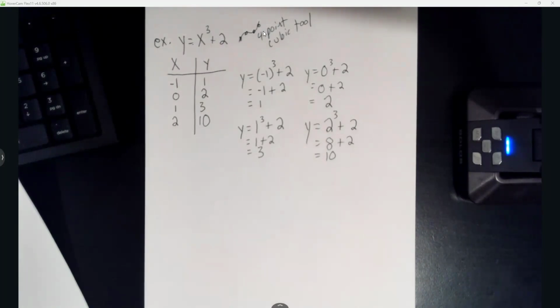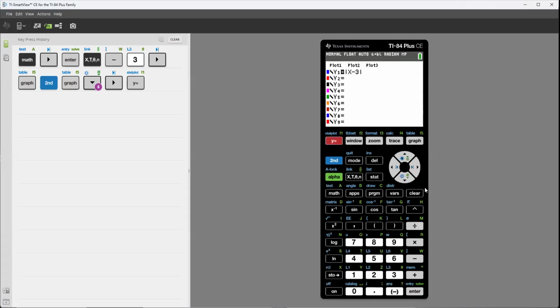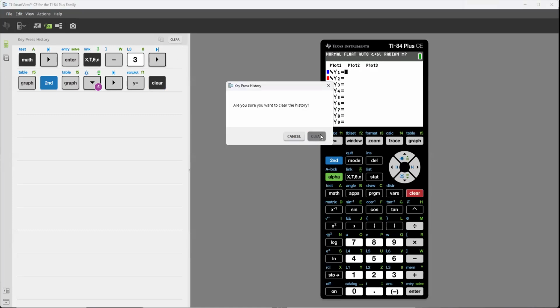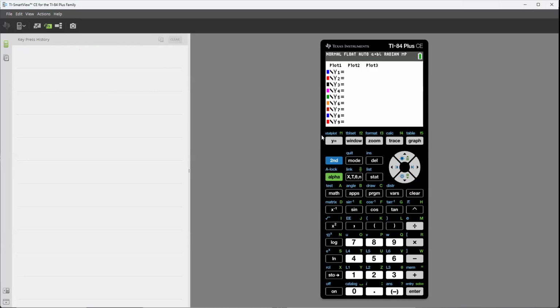Guess what? I can do this on the calculator. So let's clear everything off. Go to y equals and clear that off. So the way you put in a cube, the easiest way is to hit the X. Over here under the clear button, you see a little arrow upside down V. If you hit that, it goes up there to where my exponent is, and I put in my 3.